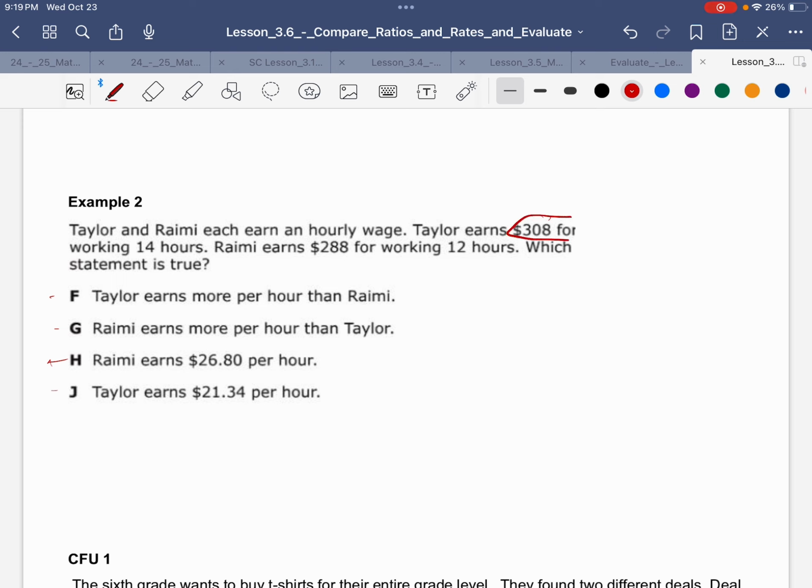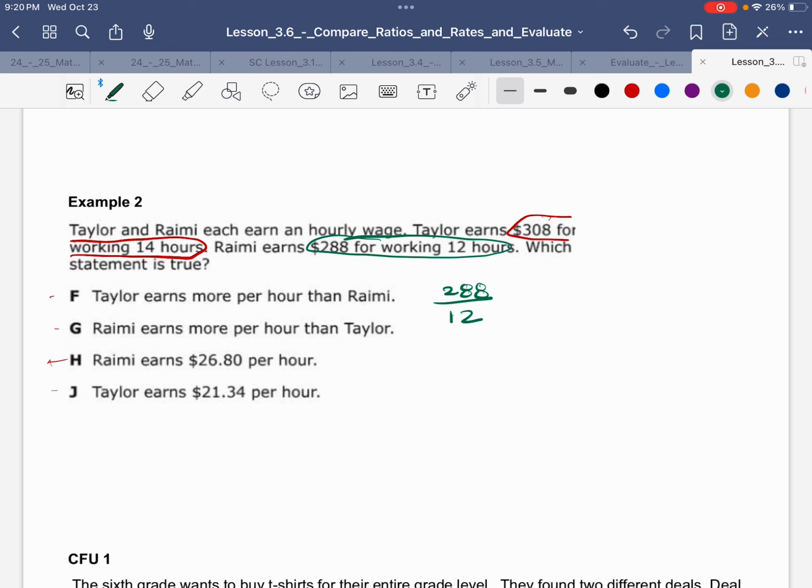So for 14 hours here, and 288 for 12 hours. Notice I'm circling the important information. So now let's go ahead and work this out. So 288 for 12. So what we're going to do is divide that guy out.